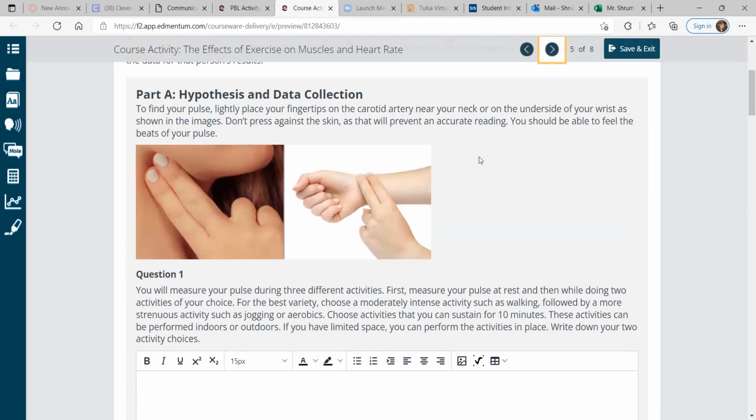Part A is finding your pulse, either on your neck or on the carotid artery near your neck, and also the underside of your wrist. Like these pictures show, don't press against the skin. You want to just lightly touch it and then feel the gentle pulses of your heart.